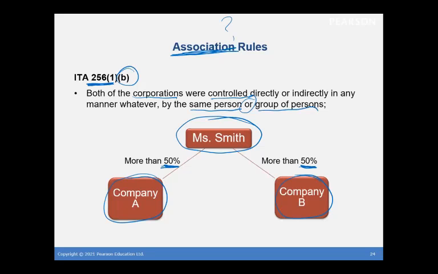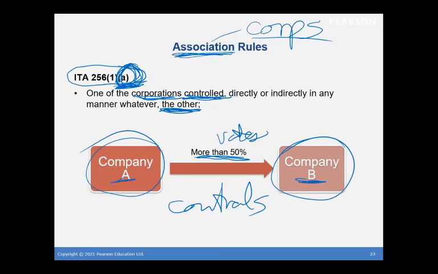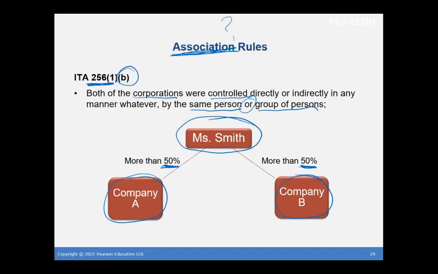So example number one, a company controls the other. Example number two, one person or group of persons controls A and B. So this could be Miss Smith and Mr. Smith, or maybe it's Mrs. Smith and Mr. Smith, whatever.